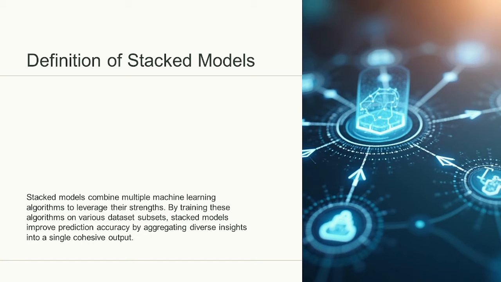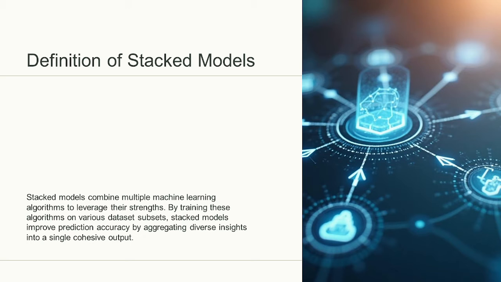What is a stacked model? Stacked models combine multiple machine learning algorithms to aggregate their strengths by training these algorithms on various dataset subsets. Stacked models improve prediction accuracy by aggregating diverse insight into a single output.